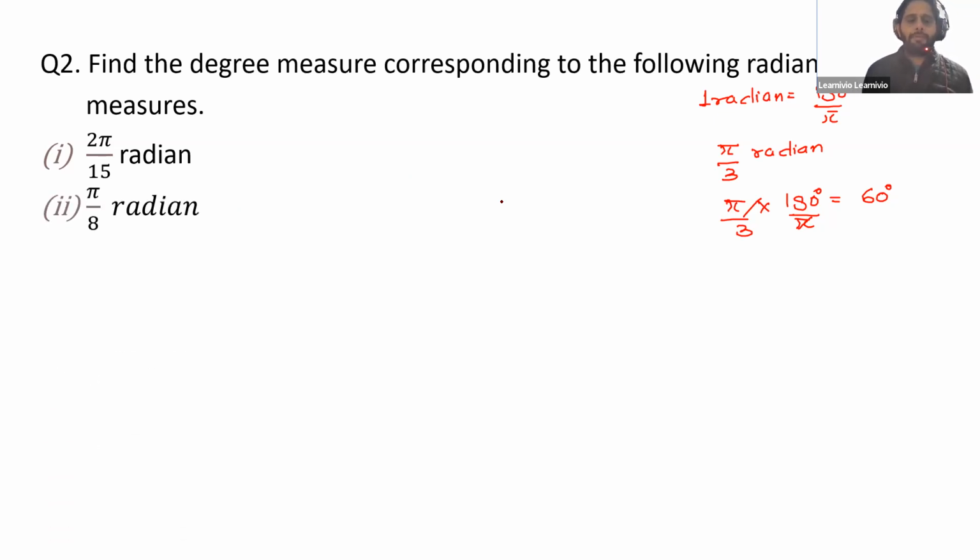Next, please start this one. Pi by 8 radian. Convert this into degree.